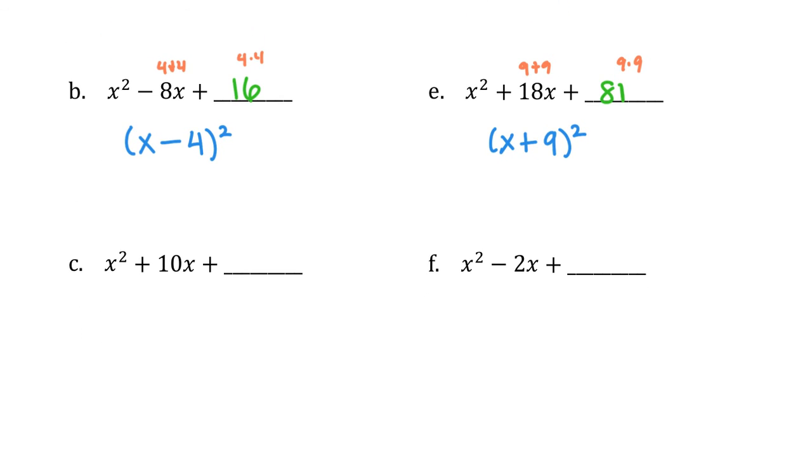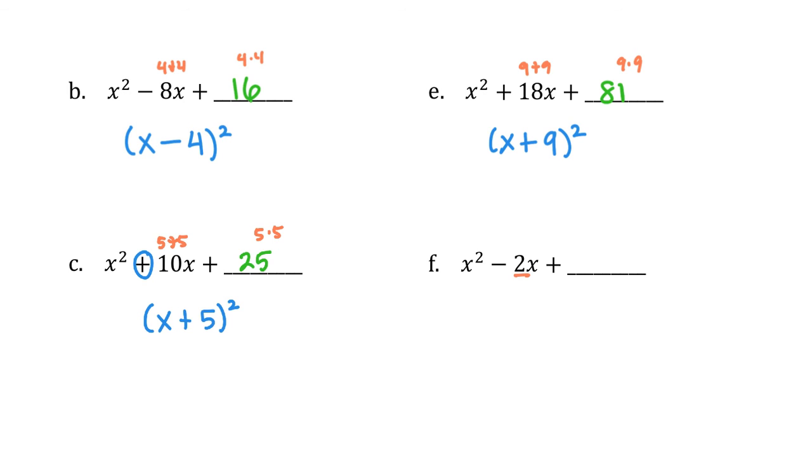Let's keep going. 2 more. To get 10, 10 divided by 2 is 5, so it was 5 plus 5. 5 times 5 means to complete the square, I add 25. And then when I factor it, it's x. Since this is a positive, it's plus 5 squared. And if I multiplied it out, that would be the answer I get.